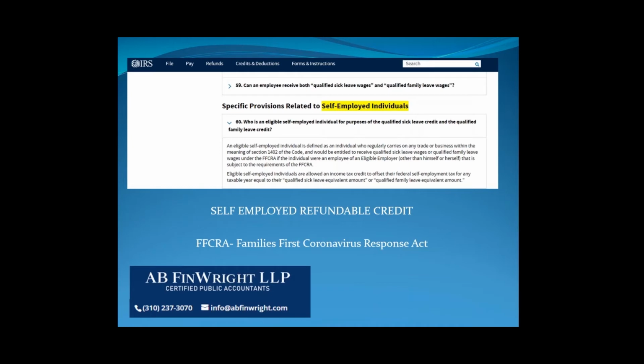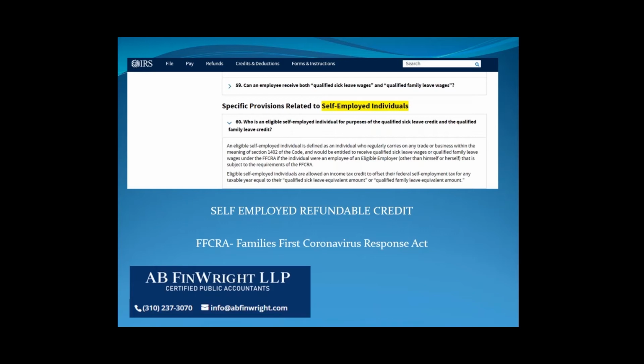So let's talk about the qualified sick leave example. For the qualified sick leave, it's based on $200 a day that you're sick, or 67% of your average daily self-employment income. So in our example, you take the $50,000 divided by 260, and then you multiply that by 67%.